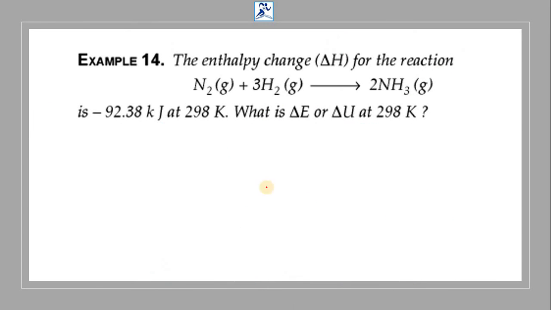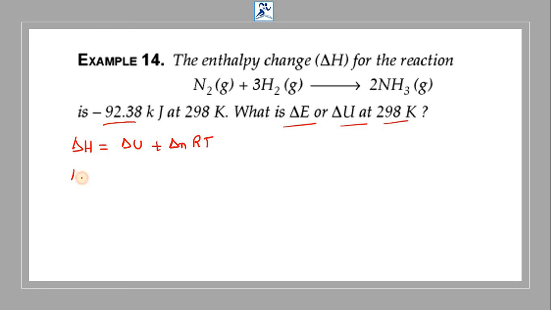Next question. The enthalpy change for the reaction N2 plus 3H2 giving 2NH3 is given as minus 92.38 kilojoules at 298 Kelvin. What is the delta E or delta U value at 298 Kelvin? It is very clear from our expression delta H equals delta U plus delta N RT.